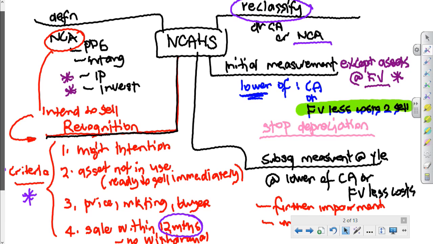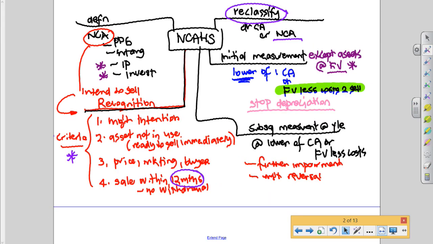So I'm still going to move them out of non-current assets held for sale, but I'm not going to measure them at fair value less costs to sell. They're already at fair value and they stay at fair value. So I will reclassify from non-current to current, but I won't do this remeasurement because they're already at fair value. Do you agree? I don't have to remeasure.